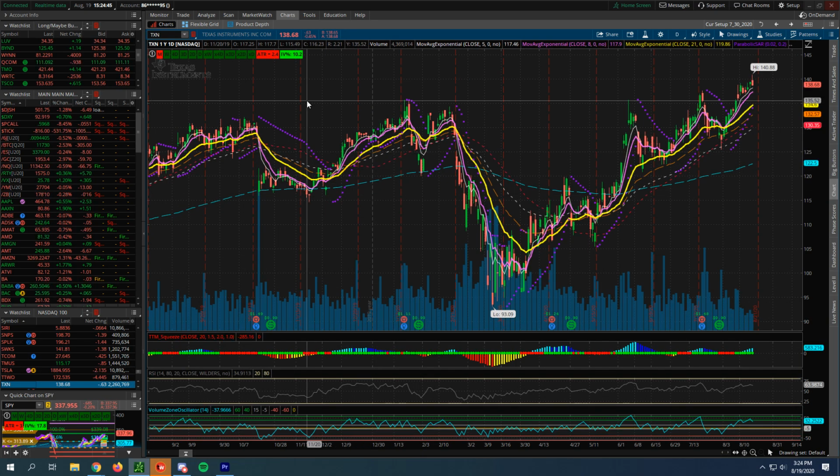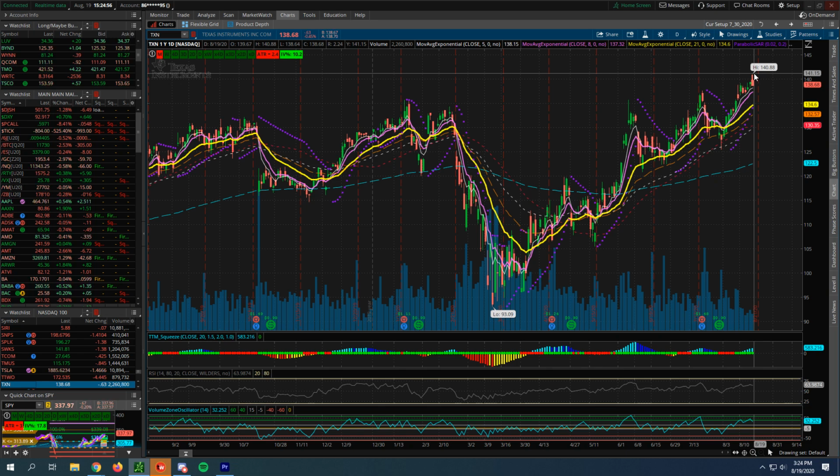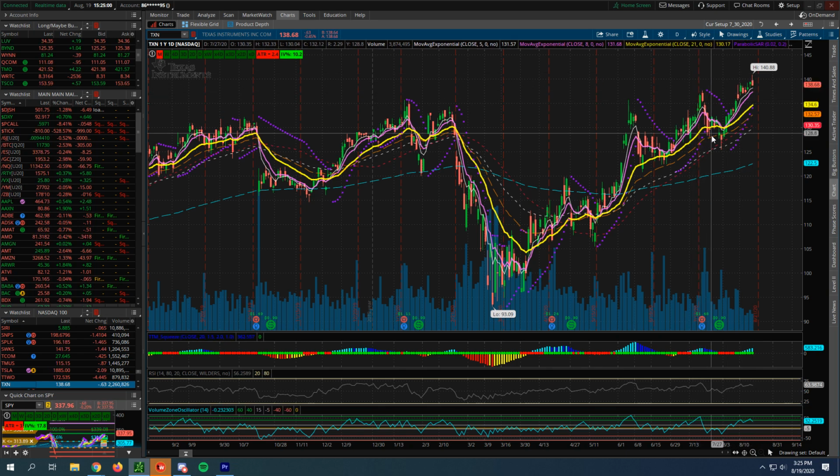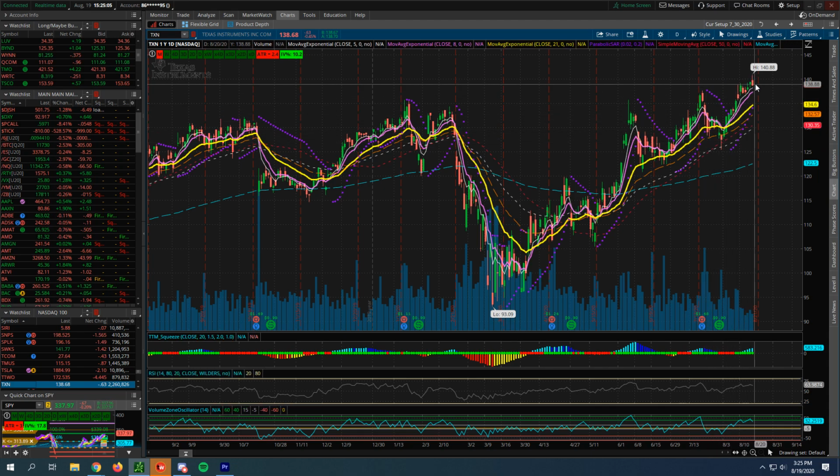TXN, Texas Instruments, of course, being in some of the same section within chips and things like that, not chips that you eat. That being said, hitting an all-time high just today, which is very interesting as well, with the not so great quarter coming down to the 34 and 21 for some consolidation, and seeing really, I would call it a V-shaped bottom recovery to 140.